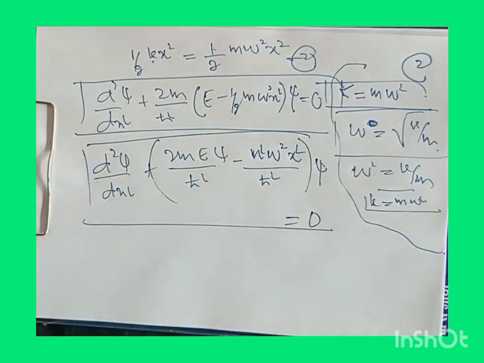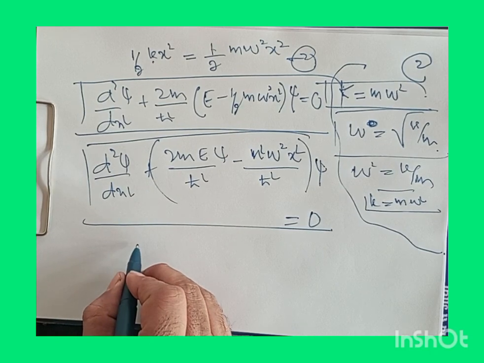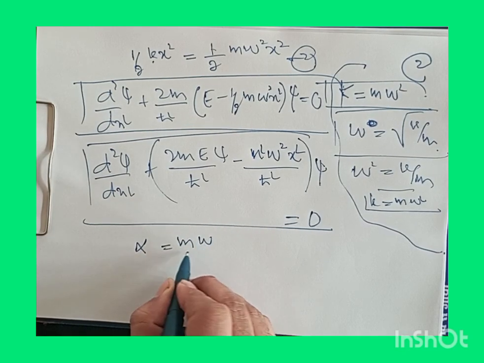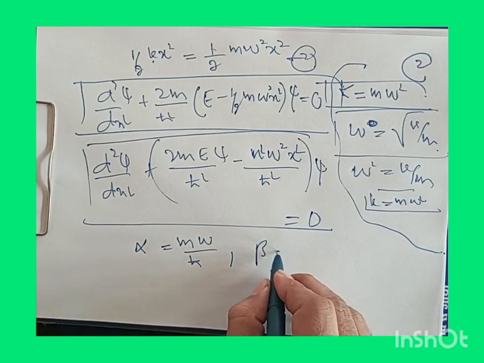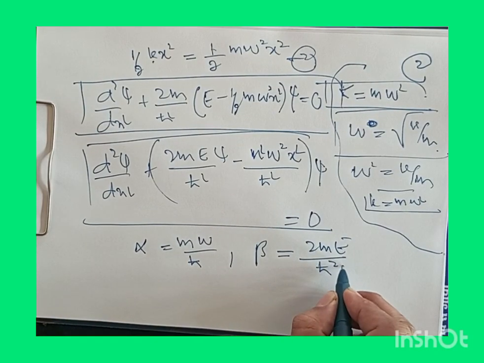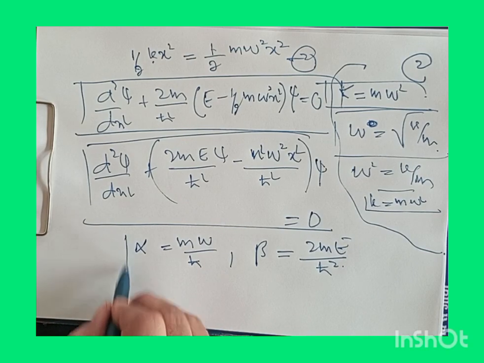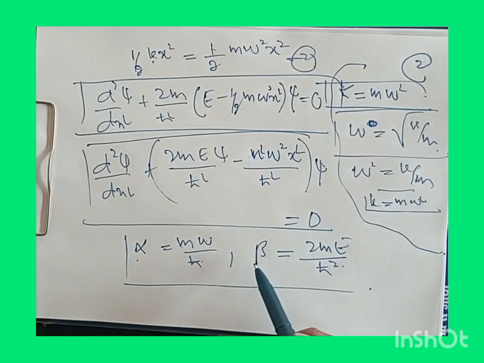All right. Now let's go with some substitutions, and let's use some kind of formalism. Let me introduce a constant alpha, which I will choose as m omega by h cross, and beta, which I will choose as 2mE by h cross square. We will substitute alpha as m omega by h cross here, and beta as 2mE by h cross square here.